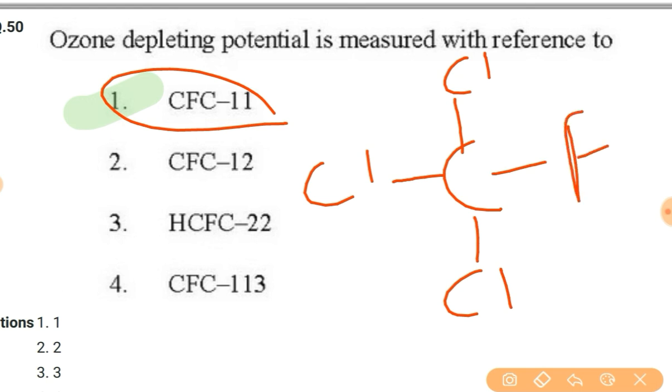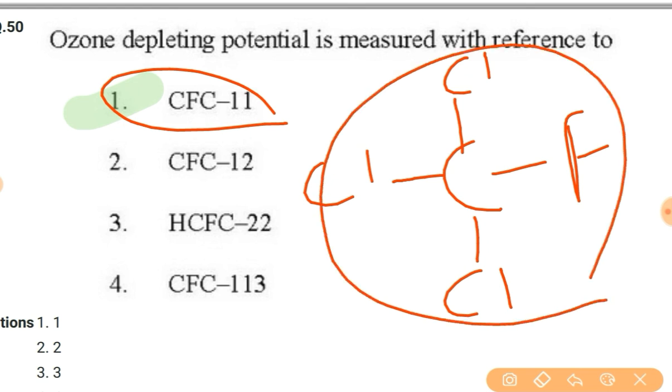There is no hydrogen atom in this, and it is a chlorofluorocarbon which helps in ozone depletion. And we measure different CFC molecules by taking the reference of this CFC molecule.